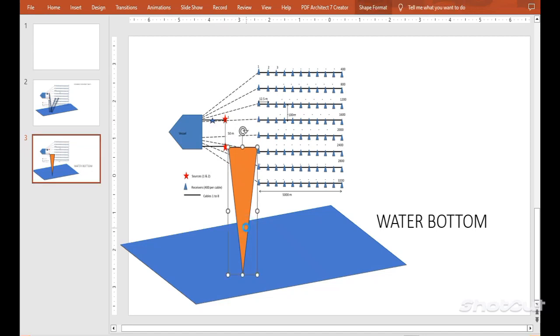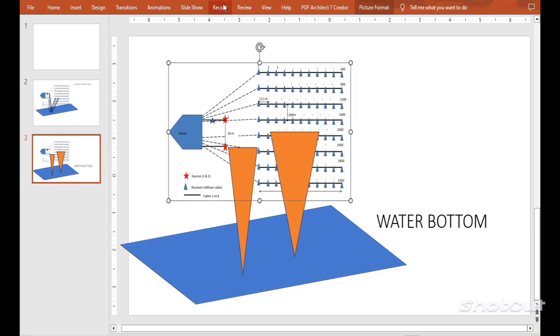So let us duplicate this, Ctrl D, please. I hope you understand. We are assuming that there is no undulation on the subsurface, the water bottom. Therefore the distance from this shot to the subsurface should be the same as the distance from this shot to the subsurface, because you understand that it's a 3D picture.